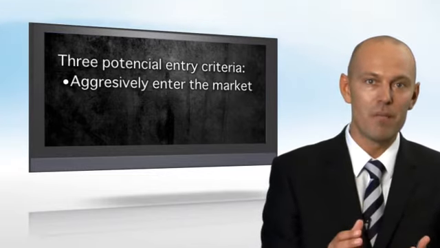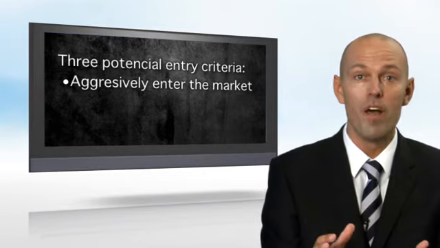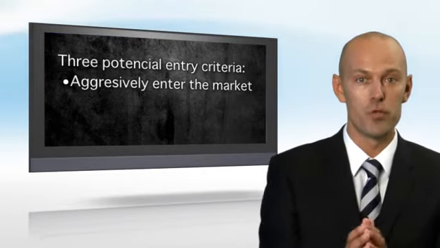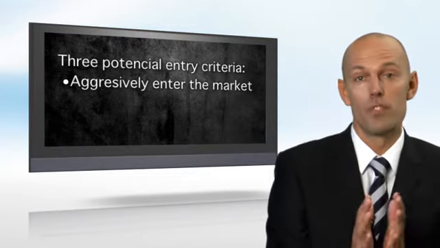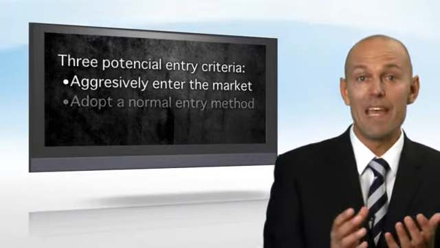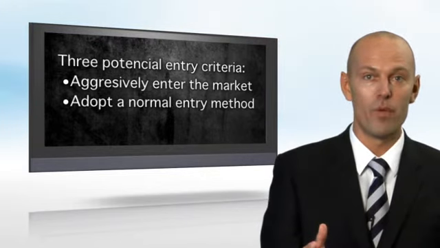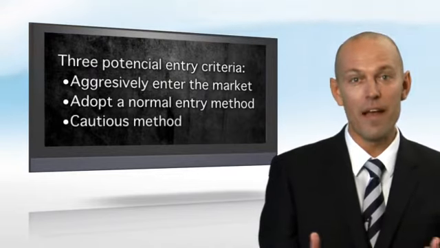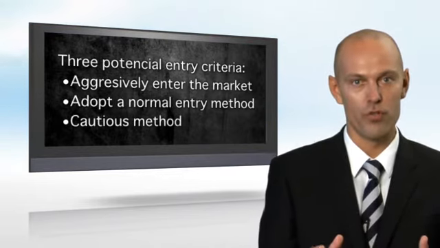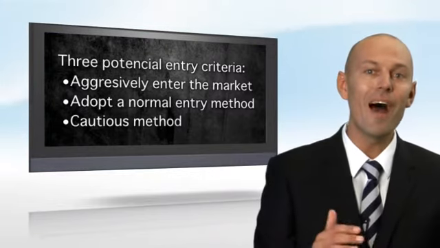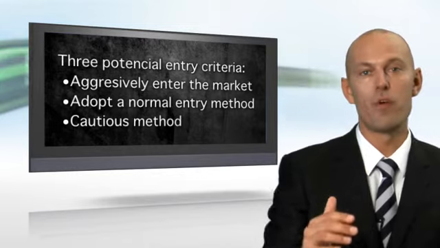And if the trader enters the market on the assumption that an engulfing bar will print and it fails to do so, well, then I have to consider my options, and one of those options, of course, is simply to get out of the trade. The trader may adopt the normal entry method, which involves waiting for the engulfing pattern to complete. Finally, there's the more cautious approach to trading, whereby the trader waits for the next bar to trade through the high or the low of the engulfing bar.